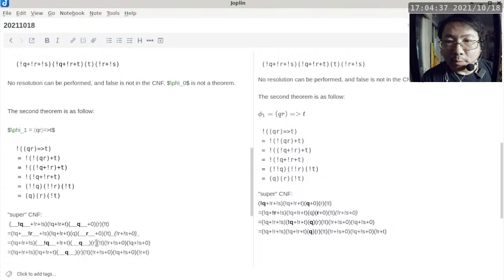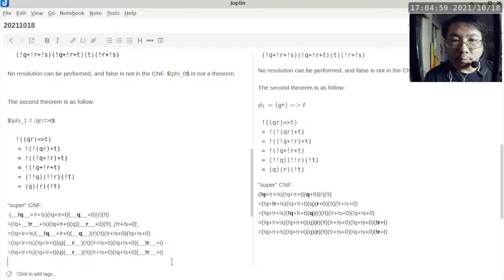And this time we want to get rid of the not R. That's pretty easy to do because we look at this R, and then we look at this not R over here, and we say we can resolve those two. And once we resolve those two, we end up with just T itself.